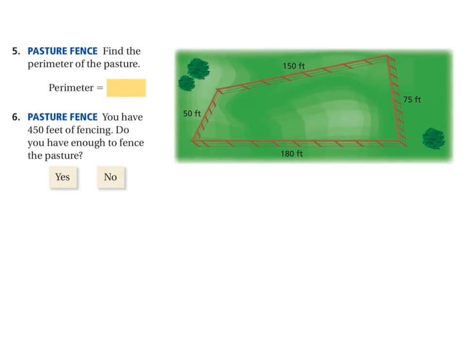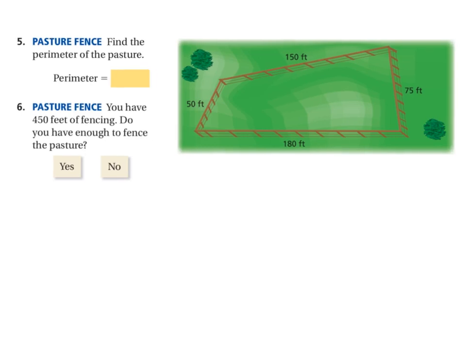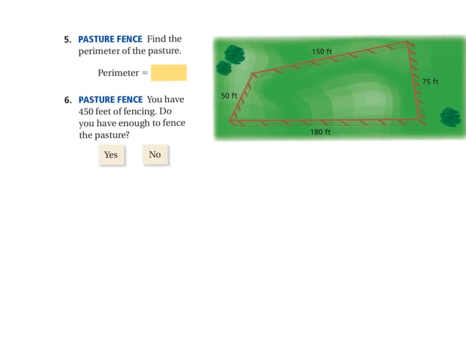All right, this shape is actually a fence line, so this is a great example. All right, so the first question, number 5, find the perimeter of the pasture. So we need to add up all 4 sides of this shape.